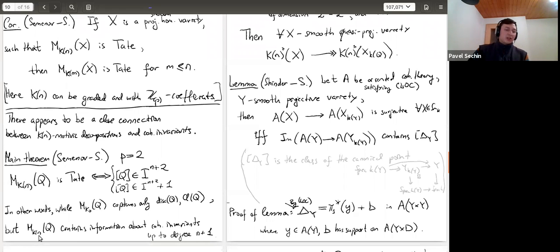And while these Morava K-theories, of course, as I said, live somewhere in between Chow motives, which remember all the cohomological invariants of a quadric, and K0, now they sort of remember cohomological invariants up to degree n plus 1. And this is, I think, an interesting connection between Morava K-theory and cohomological invariants.